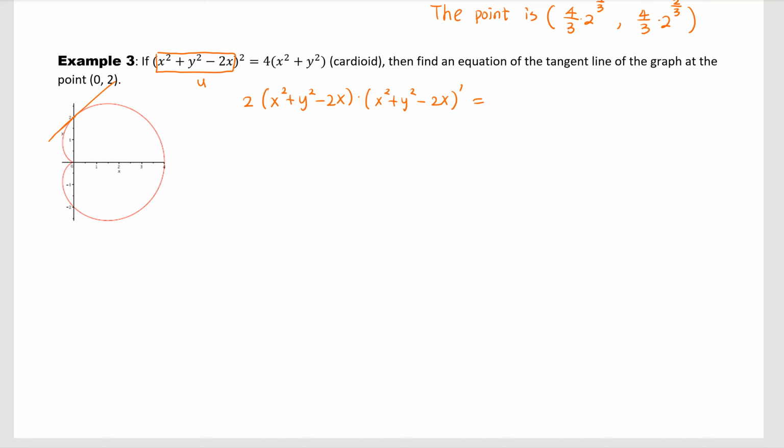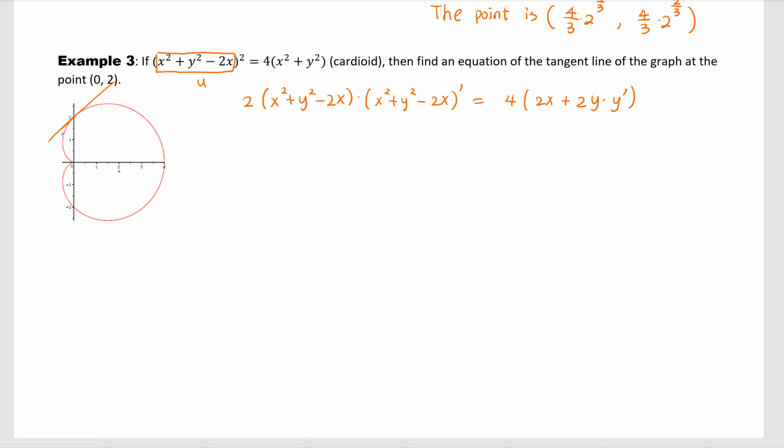And then on the right hand side, 4 stays there. Derivative of x squared is 2x. Derivative of y squared is 2y. But when you differentiate the y, don't forget the y prime.